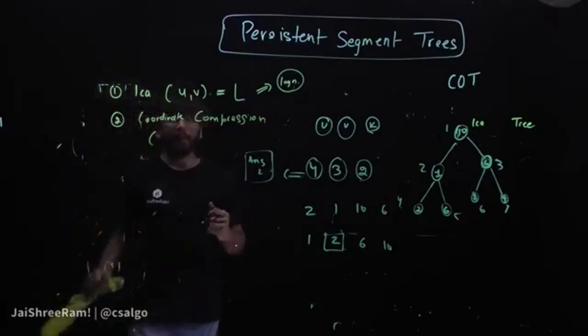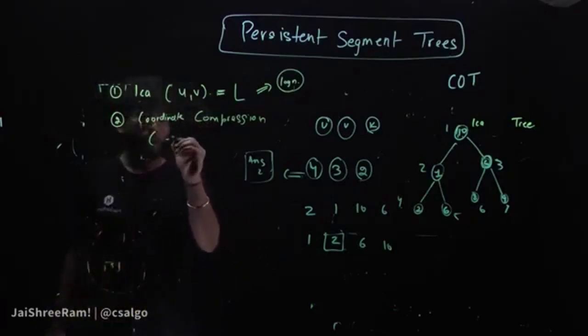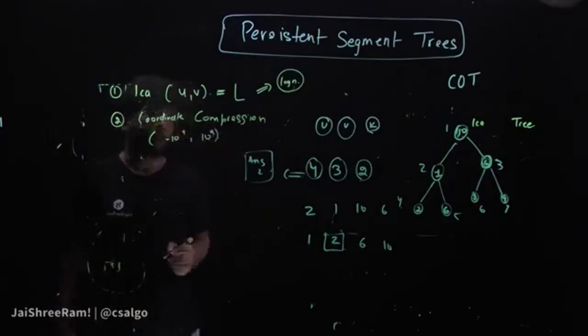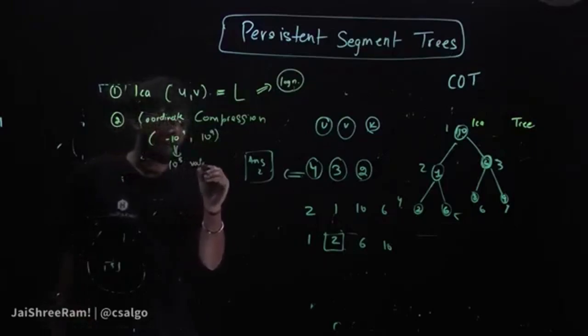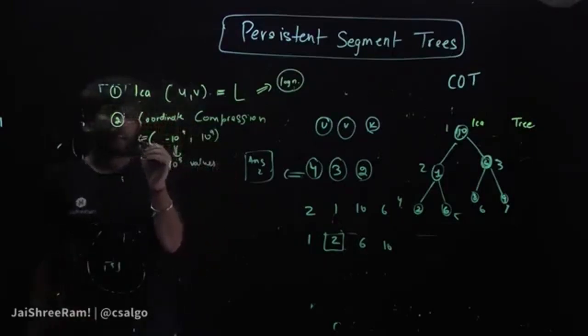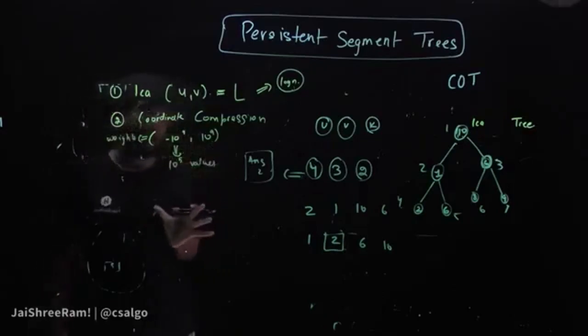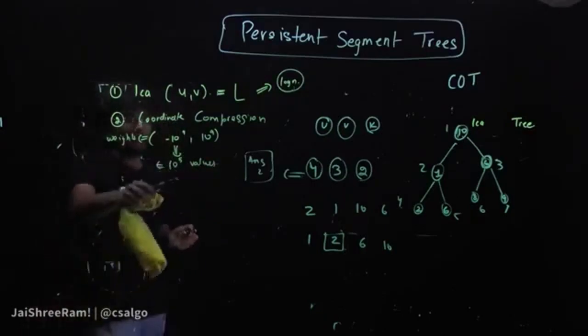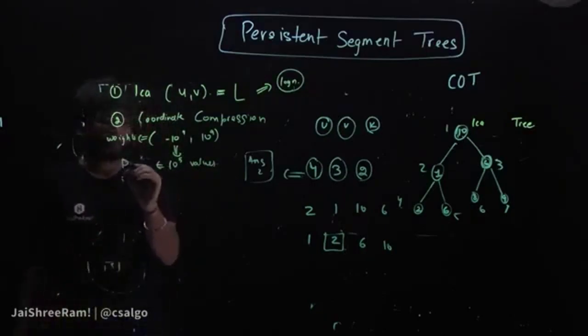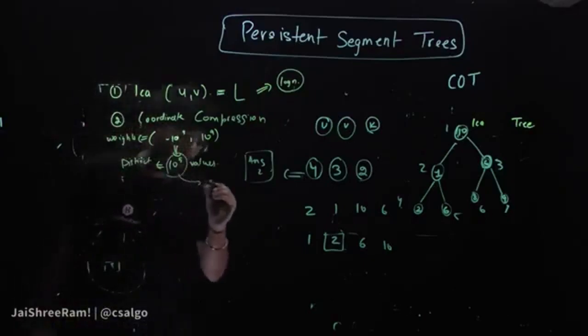For example, let's assume I have some values ranging from minus 10 to the power 9 to 10 to the power 9. But there can be at max only 10 to the power 5 values, which is actually the case for our weights. The weights can range anywhere between these, but there can be only this many distinct values, because there are only at max these many nodes in the tree.